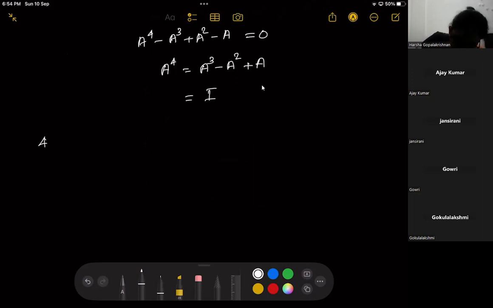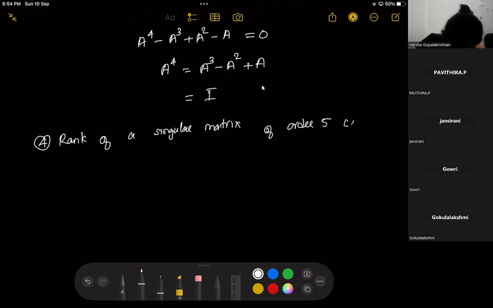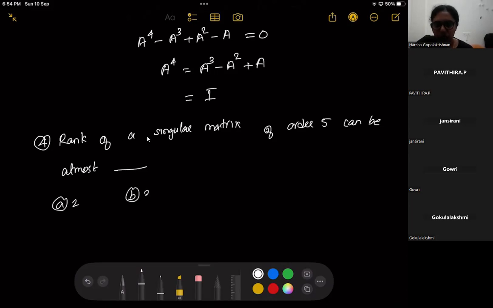Now the question is, the given matrix is of order 5 and it is a singular matrix.